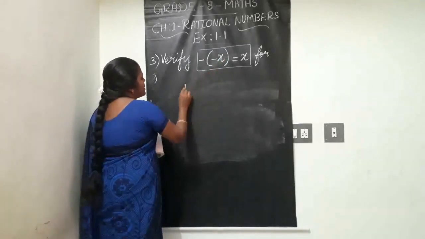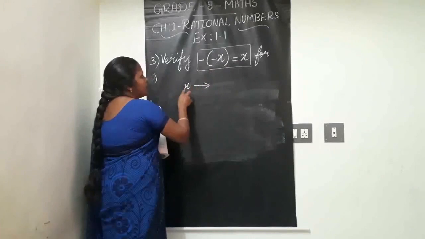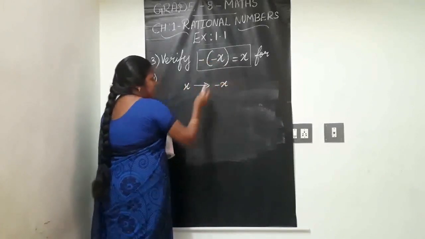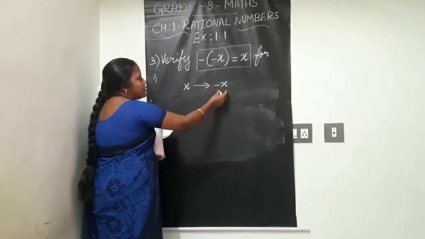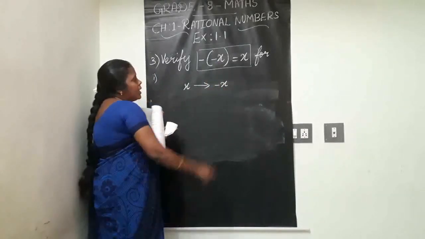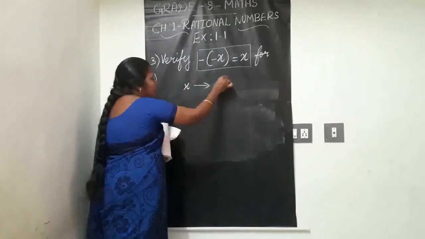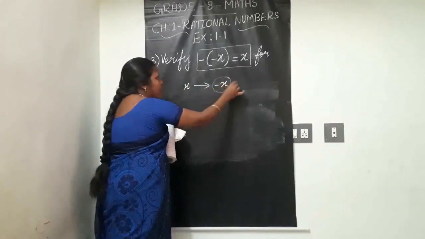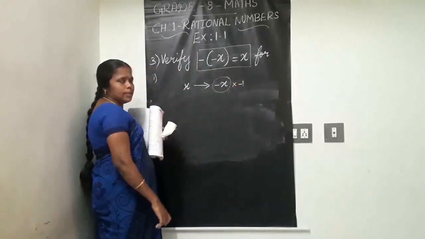See, here x is a rational number. What is that additive inverse? Minus x. That additive inverse is minus x. If you multiply that negative number by minus 1, we will get automatically the previous one. Yes or no?